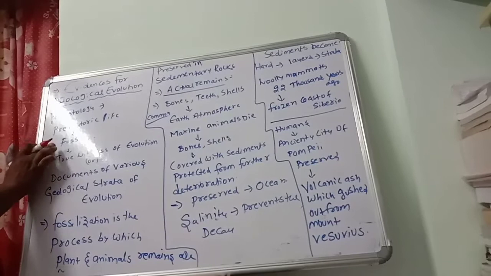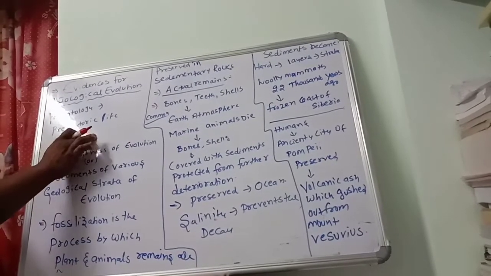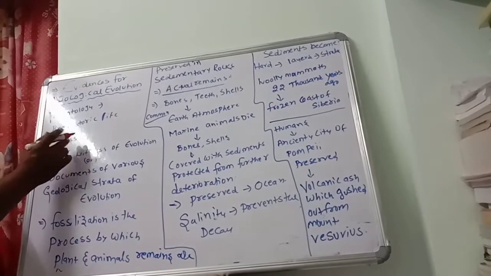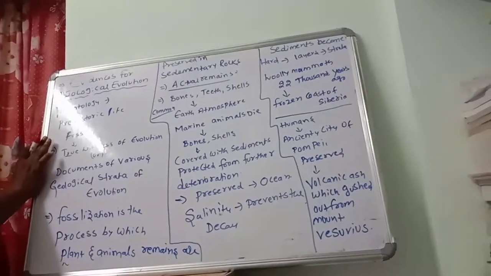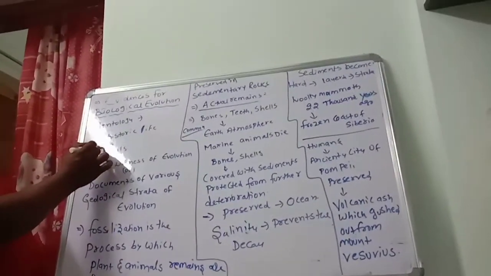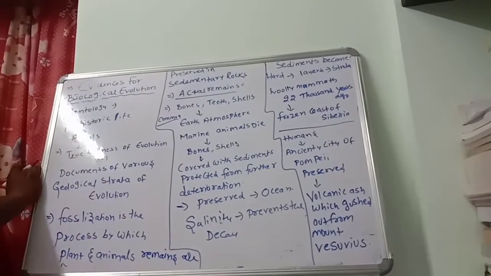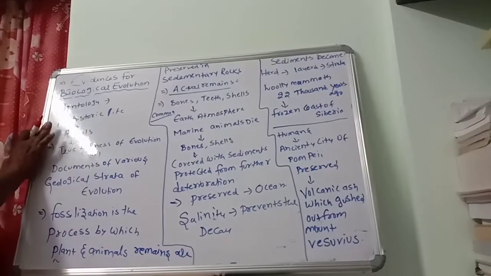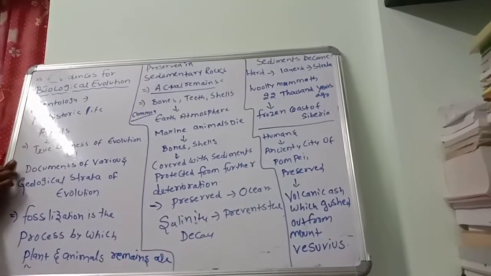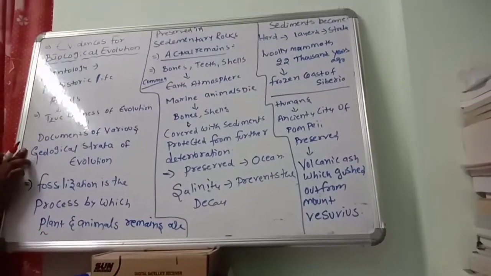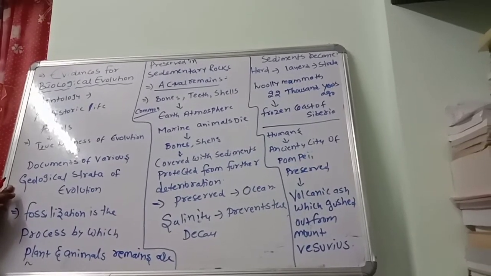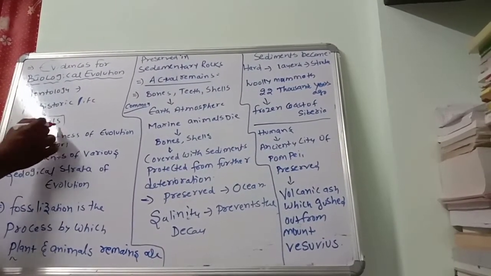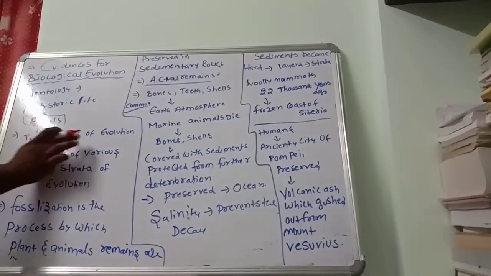These fossils are the true witness of evolution. After a dead body decomposes, the bones, shells and teeth remain as they are, because their components are different. Microorganisms cannot decompose those materials. That's why fossils form.